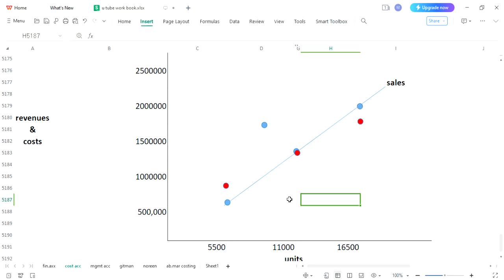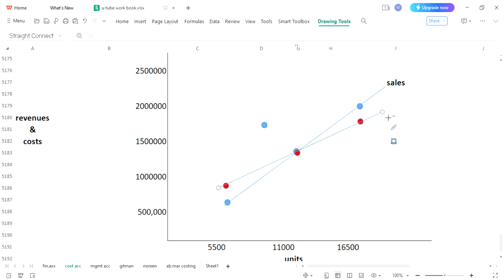First line was put for sales and now we are putting it for our cost. Let's put the line and join all of these points. The second line we will take from here. We are going to join these 3 points. Though it has been made manually, kindly see how accurate it is.